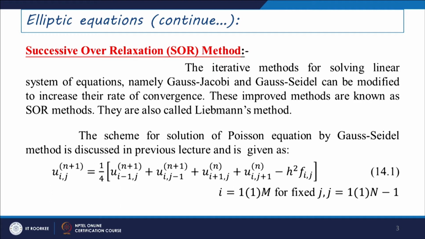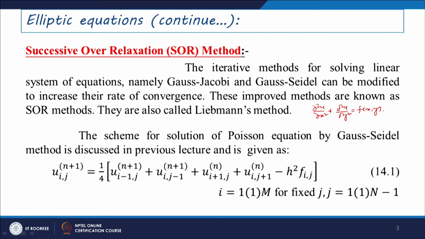So, if we use the same Gauss-Seidel method, then this equation is represented in the form del square u by del x square plus del square u by del y square, which is written as f of x y.